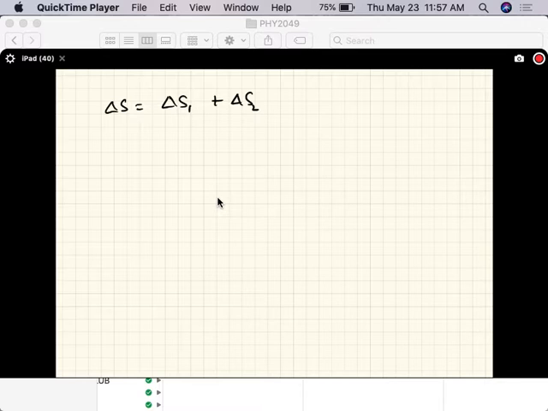Okay, let's see. What is entropy? When entropy increases, what happens? Disorder increases. So while you're heating, the water molecules are getting faster.